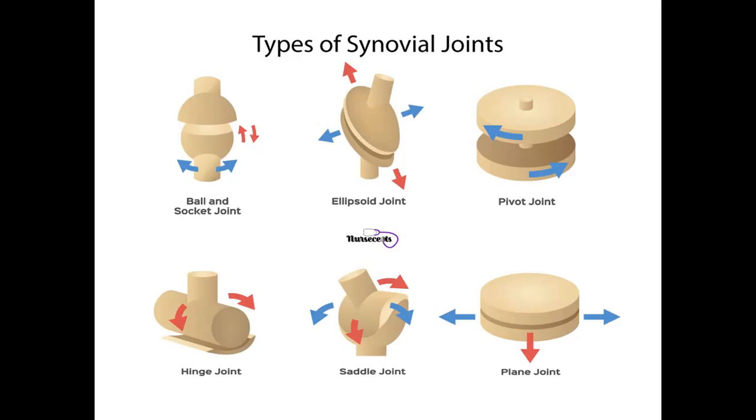Second one is the pivot. In pivot, the rounded head fits into the concave surface of another bone, allowing rotatory movements.